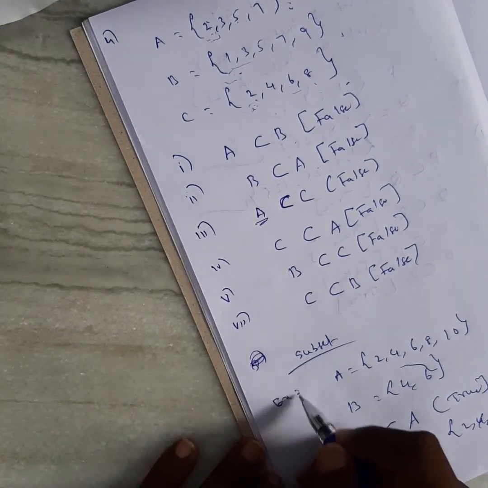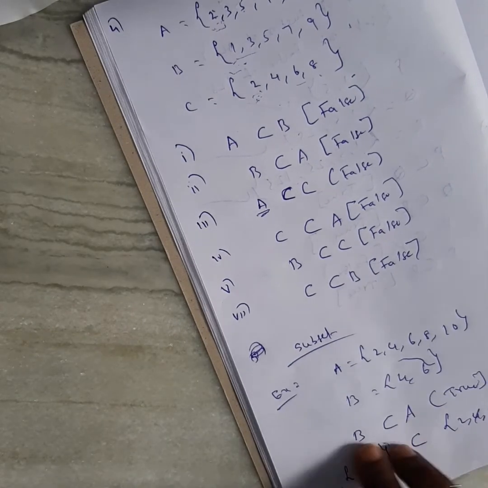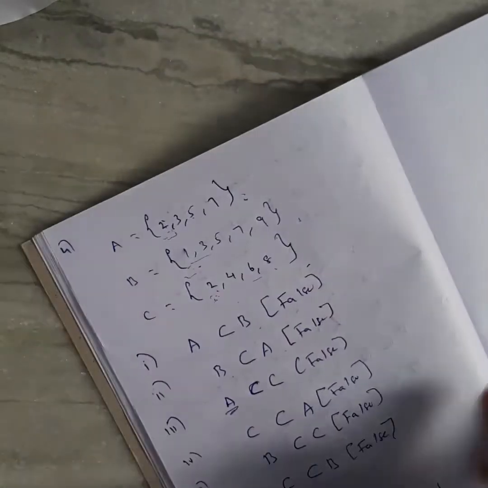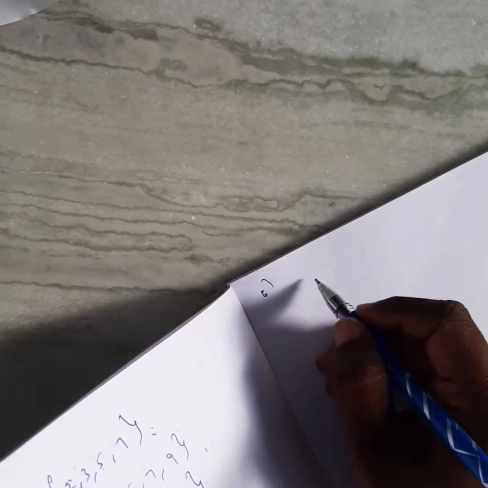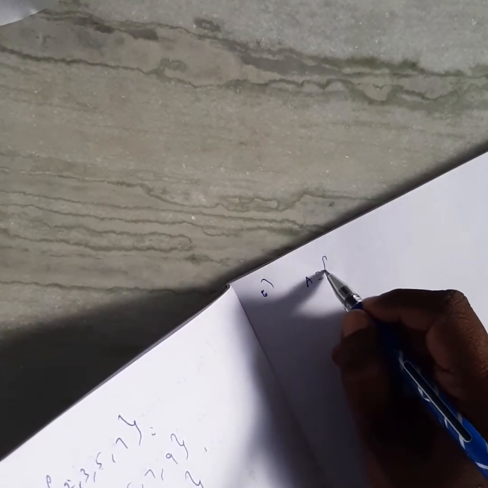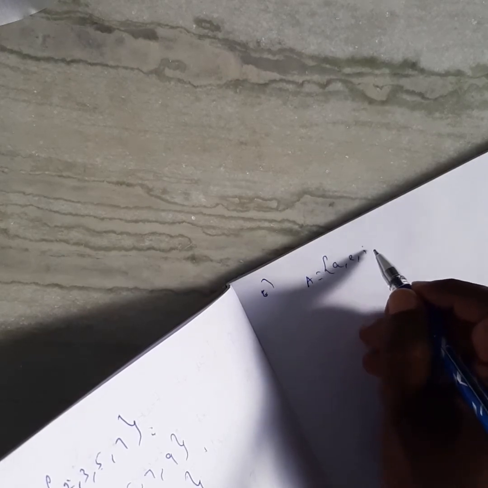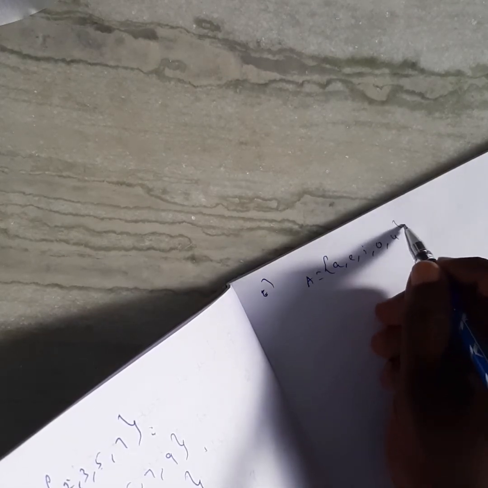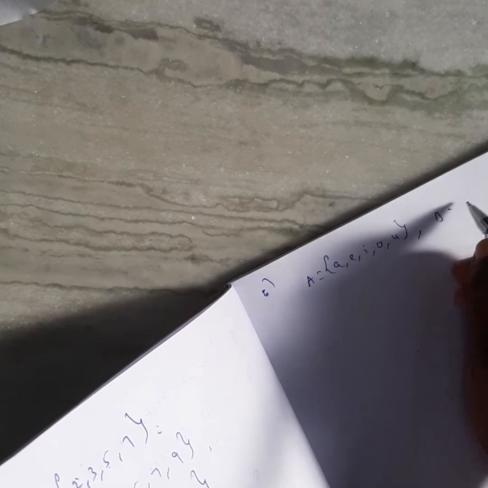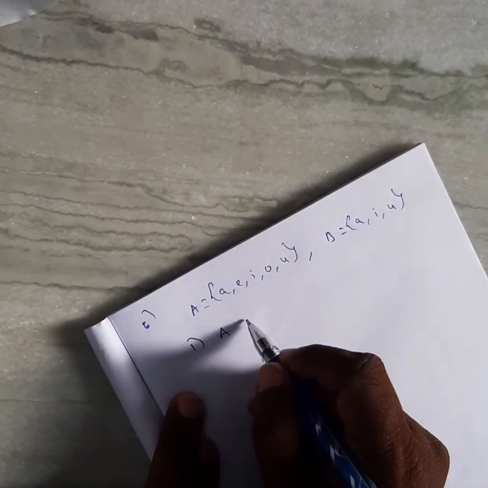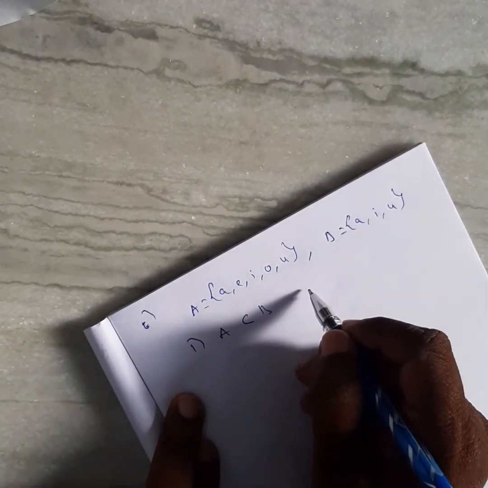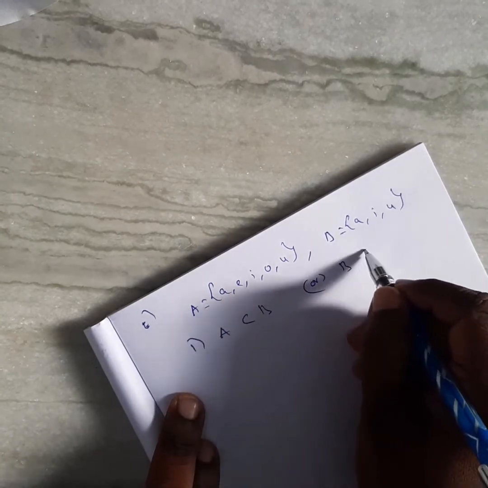Another example. A is equal to A, E, I, O, U. B is equal to A, I, U. Which is true, A subset B or B subset A?